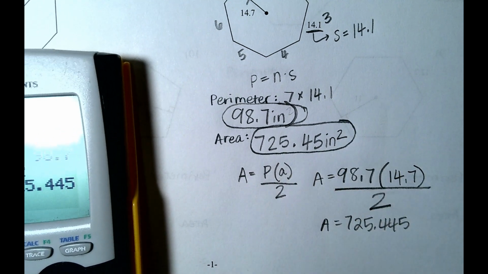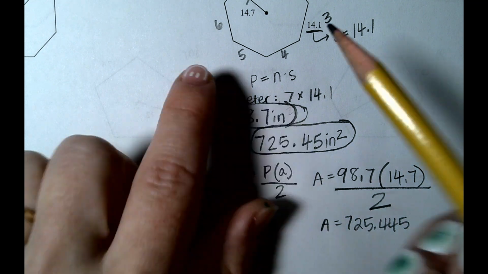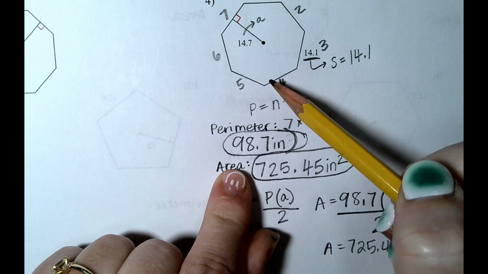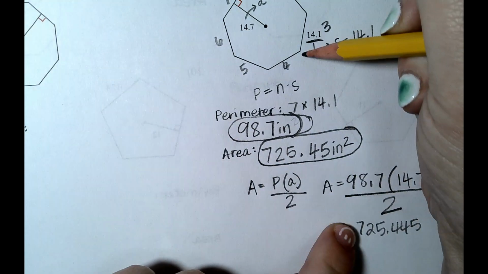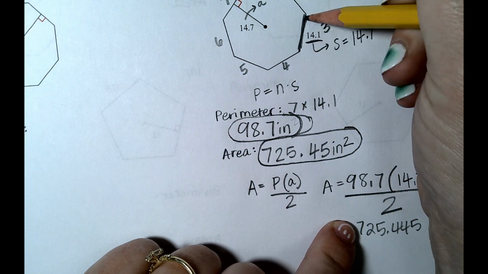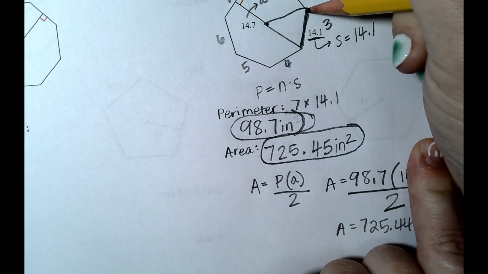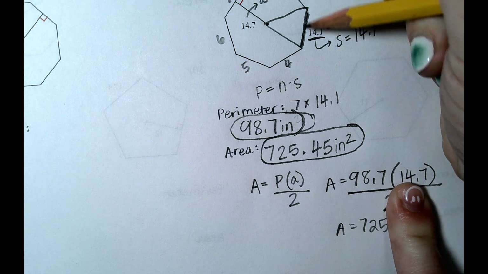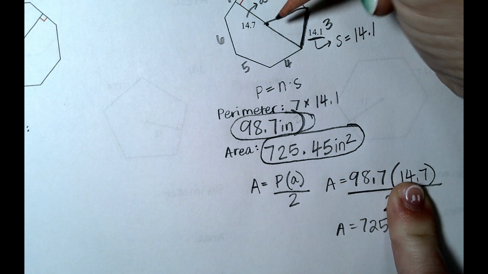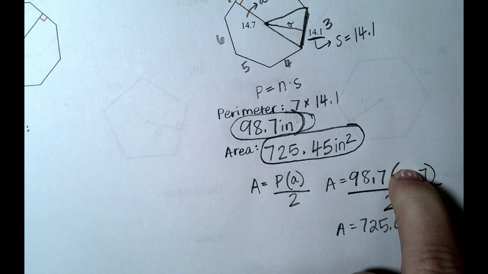Okay. I know it's a crazy question. No, go ahead. The perimeter becomes the base, right? The perimeter is all of those bases added together, because if I were to make a triangle, my side length is my base, 14.1, and my height is that apothem, the 14.7.